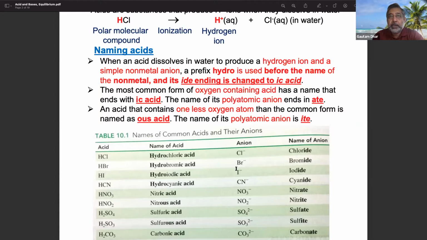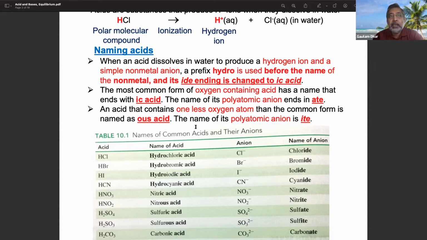If it doesn't contain oxygen, then you do the hydro. We say no O, hydro. So you can remember it like this: no O is no oxygen, no O, hydro. And you take the root name, which is chlor, and put ic acid at the ending.